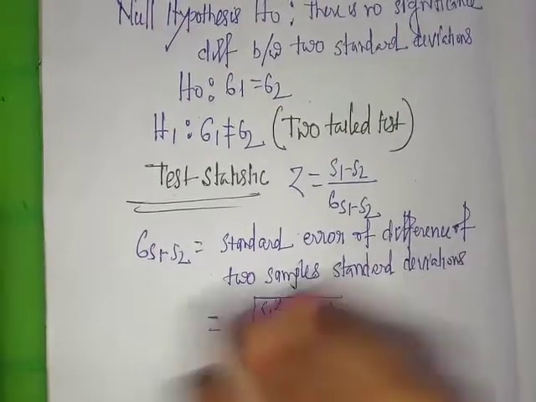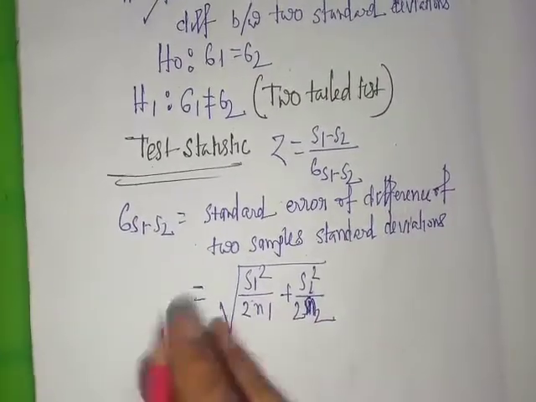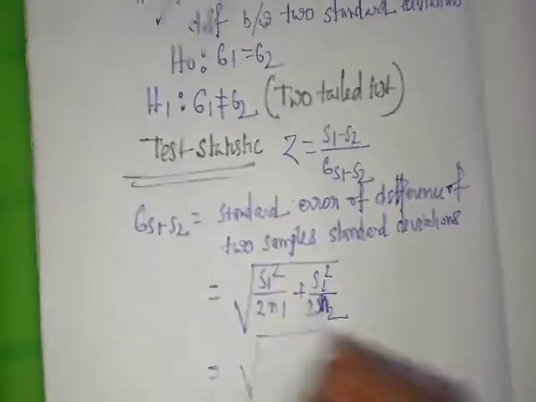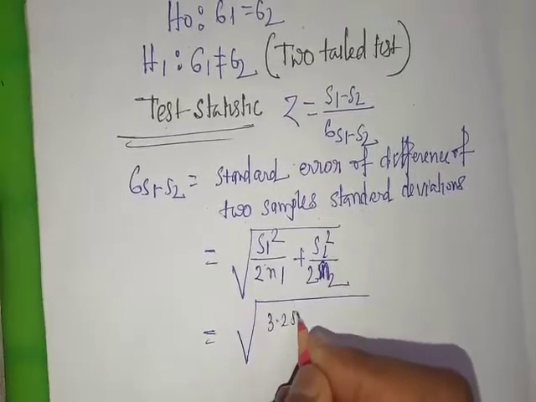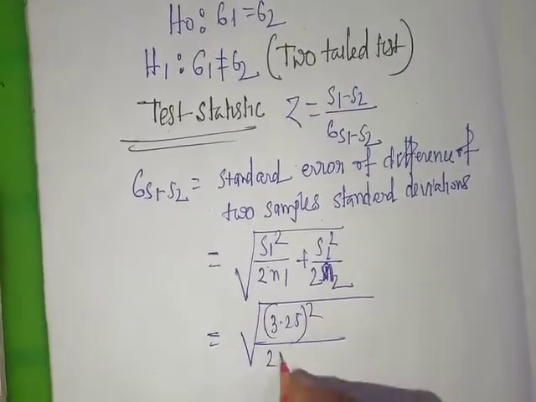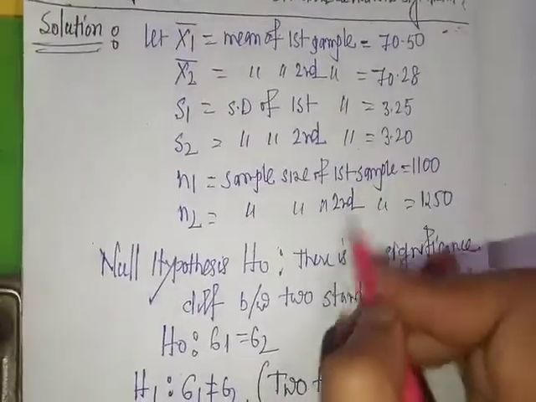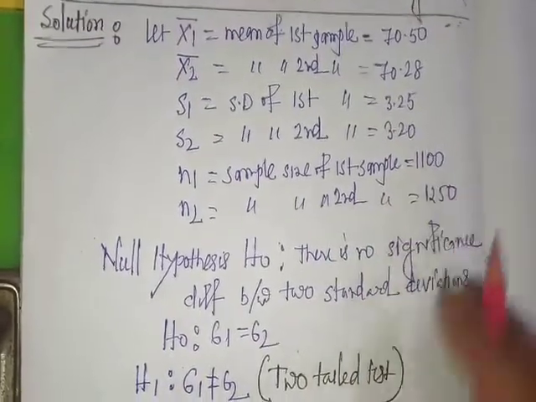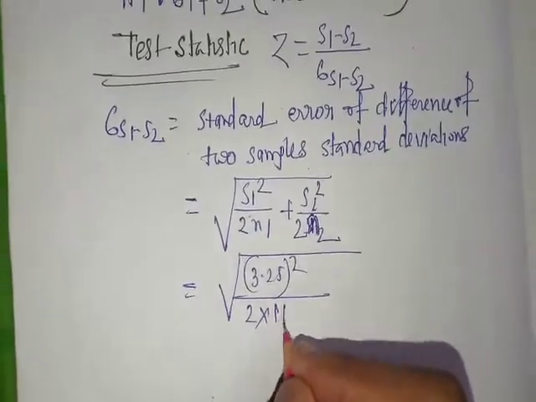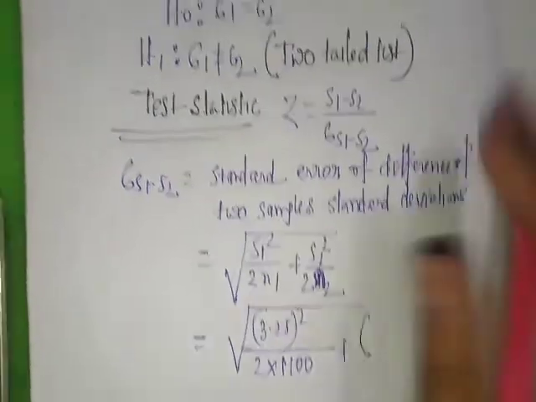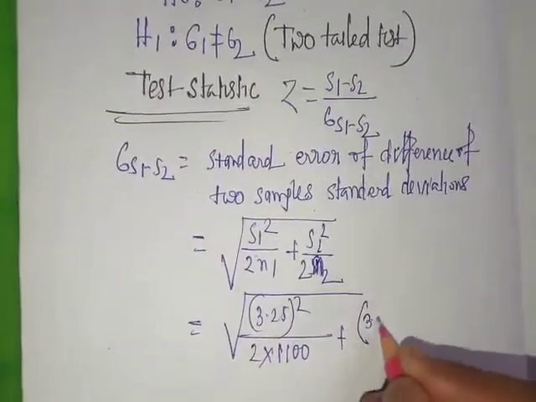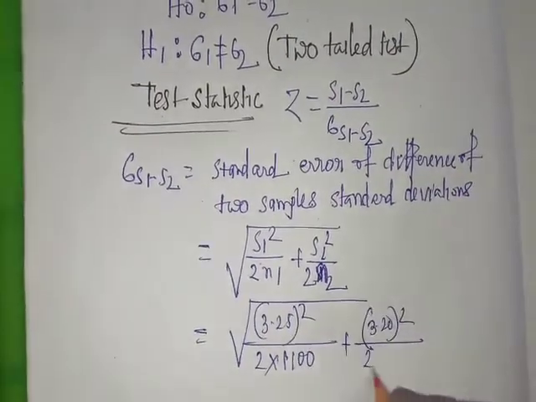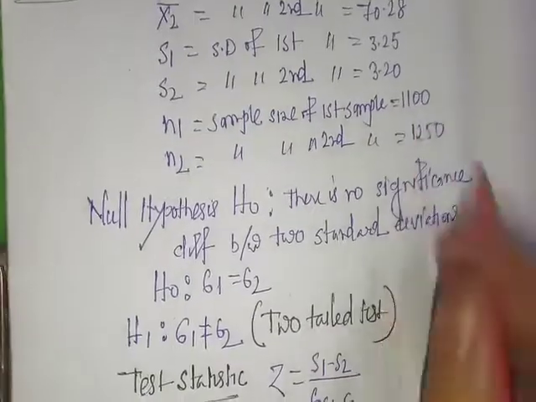The value of S1 is 3.25, so 3.25 square by 2 into n1, which is 1100, plus the value of S2 is 3.20, so 3.20 square by 2 into n2, 1250.